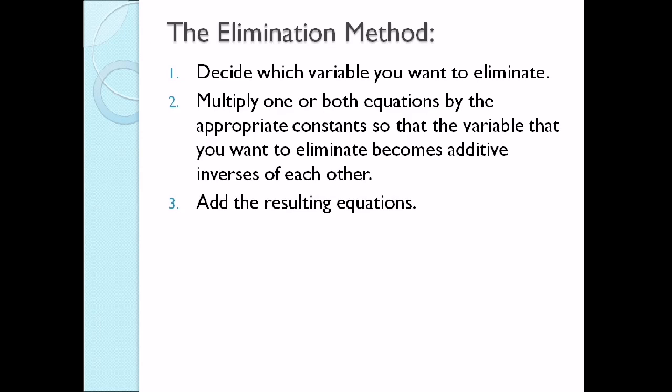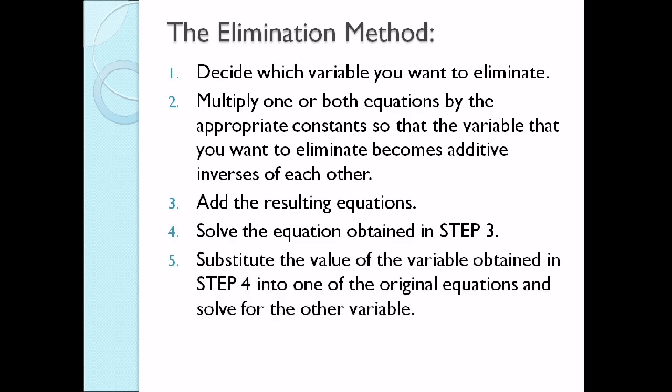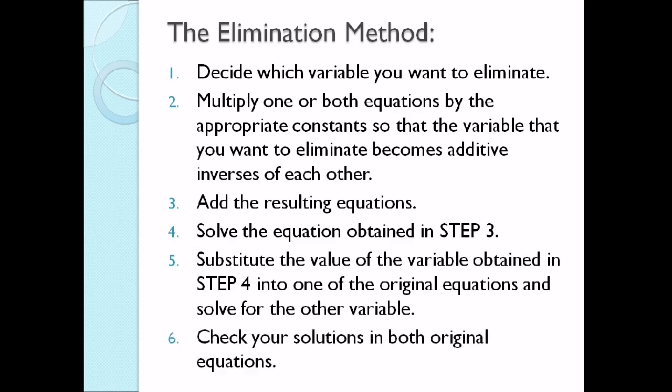Third, add the resulting equations. Fourth, solve the equation obtained in step 3. Fifth, substitute the value of the variable obtained in step 4 into one of the original equations and solve for the other variable. Last, check your solutions in both original equations.